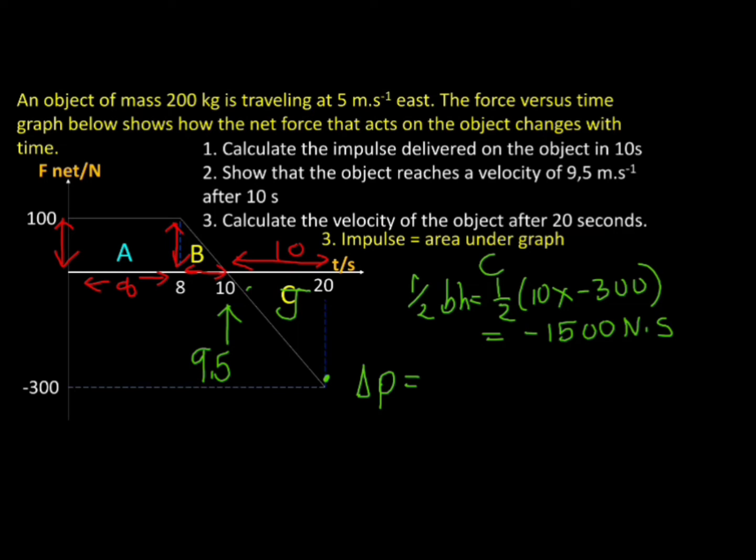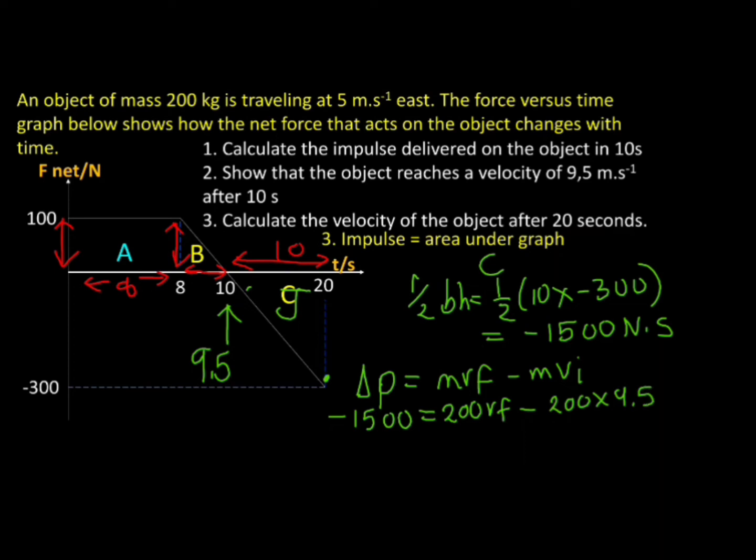Delta P is mvf minus mvi. The delta P is negative 1,500. mvf, I don't know what the final velocity is, so I'll write it as 200 vf minus 200 times 9,5.